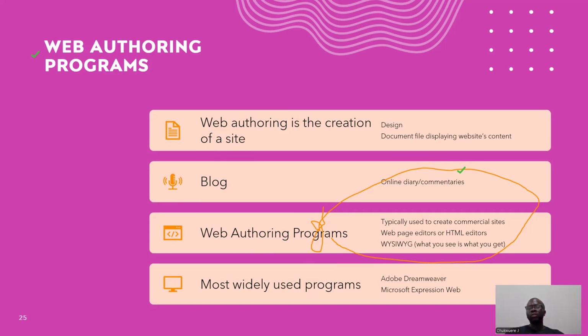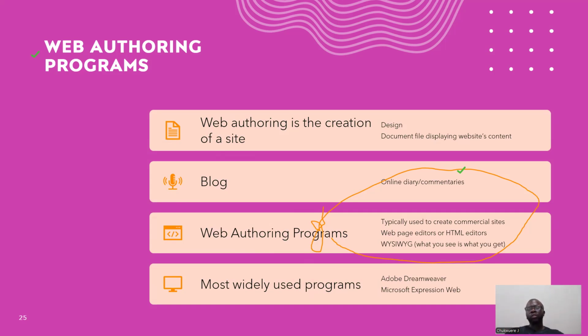That is what a web authoring program can do for you, and they are also used by bloggers. You know what a blog is all about, an online diary, documentary, and everything, like I talked about in one of the classes.